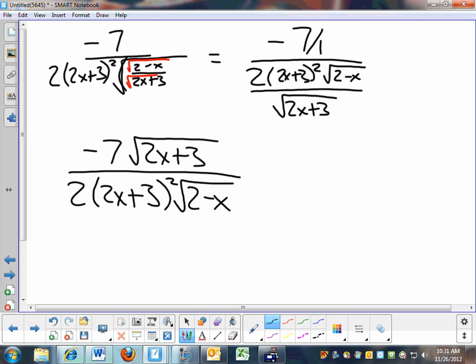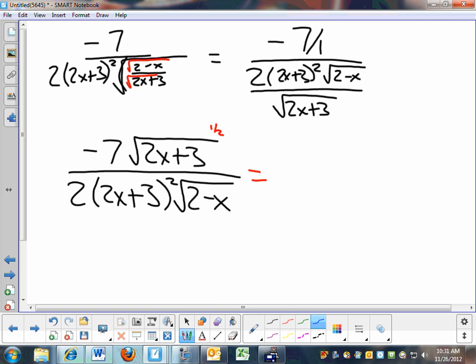Look, this is 2x plus 3. This is to the 1/2 power, right? And this is to the second power. If you have common bases, what do you do with the exponents? You subtract them. So if I have 1/2 on top and squared on the bottom, that becomes negative 3/2. So I'll have 3/2 in the denominator.